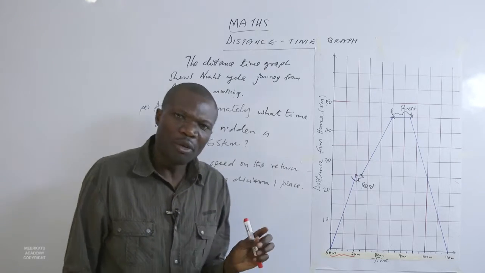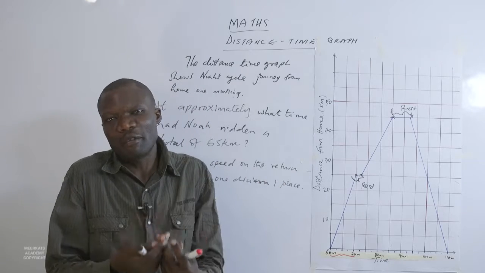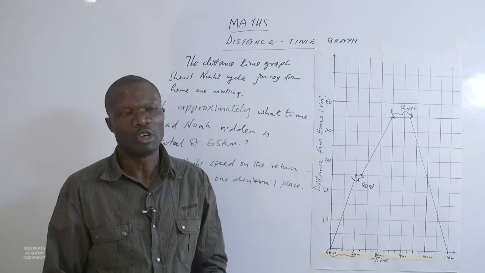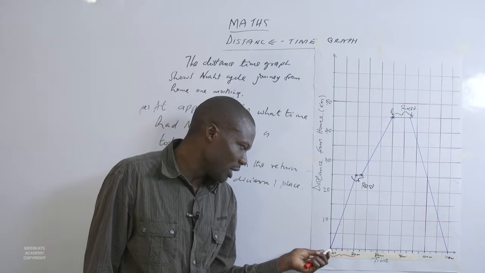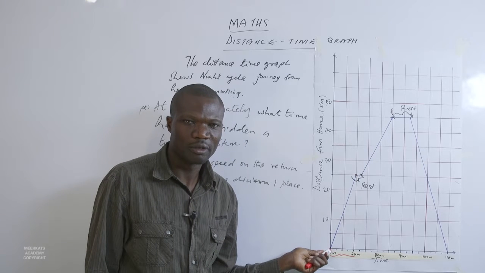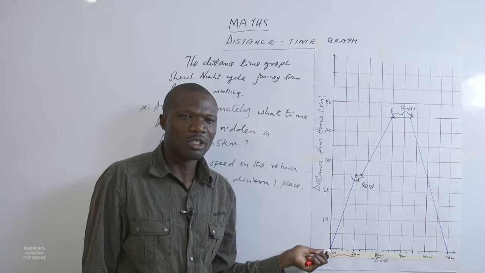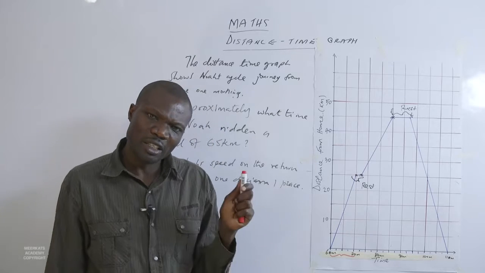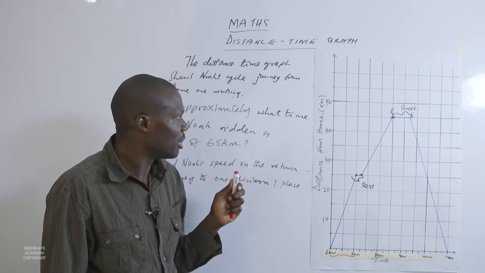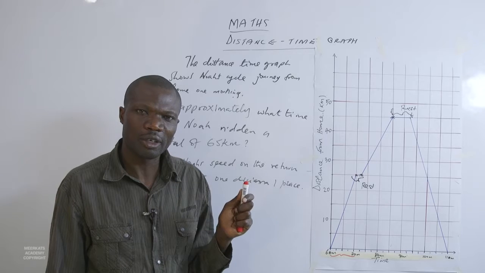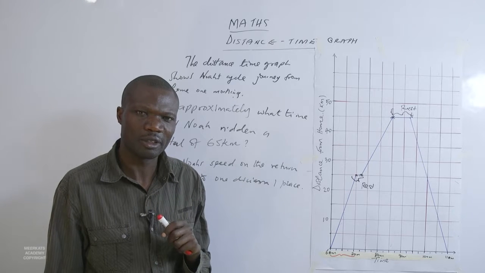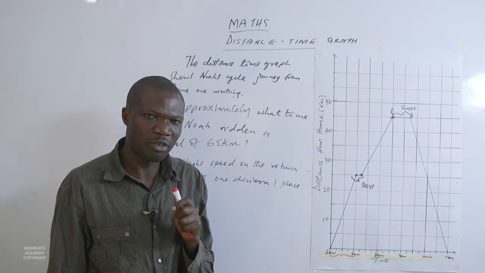Now, before any journey begins, every journey must begin from zero. And that's why in our graph, it is starting from the origin, which is zero. So they're asking 65 kilometers.